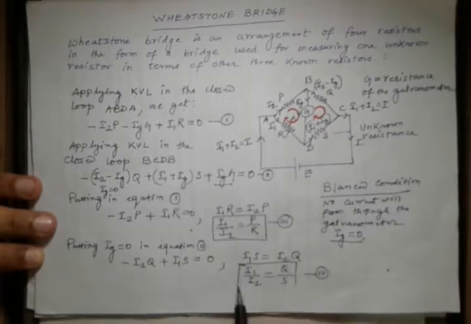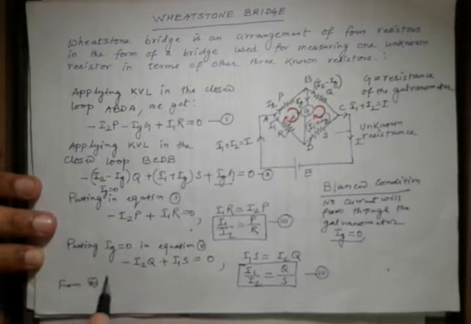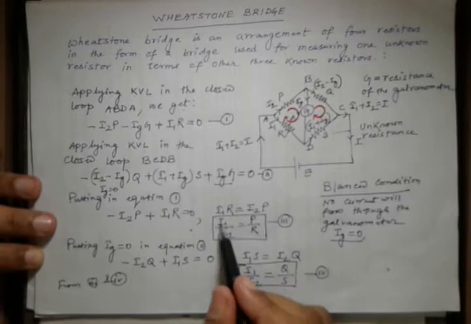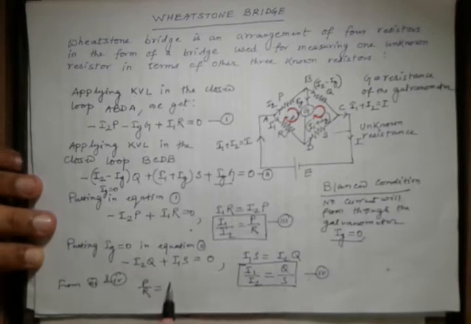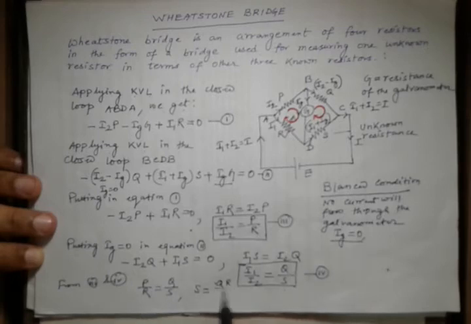So from these two equations, 3 and 4, what can you get? Comparing, P by R is equal to Q by S. Or you can write S is equal to Q into R by P, or P by Q is equal to R by S. Remember, this is very common.